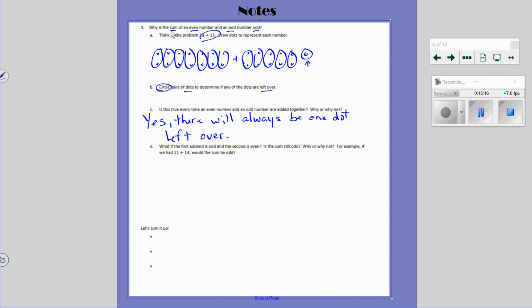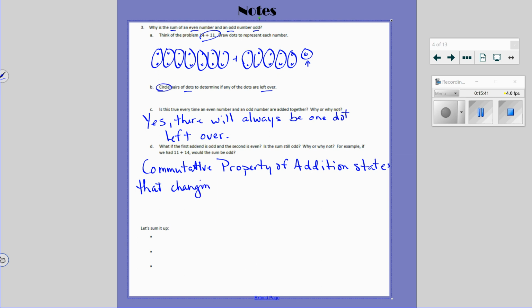Thank you, Nora. Great job finishing it. Commutative property of addition states that changing the order doesn't change the result.